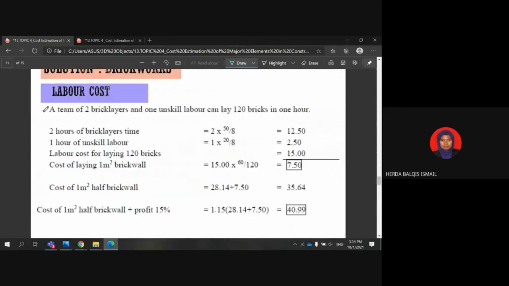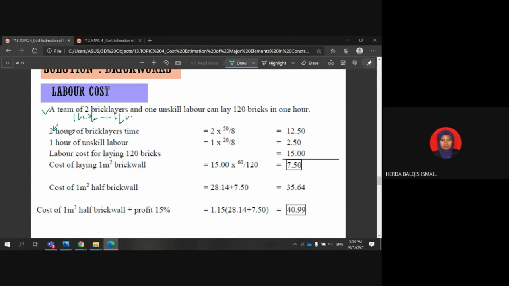This statement represents what I explained just now: a team of 2 bricklayers, 2 skilled labor, and 1 unskilled labor can lay 120 bricks in 1 hour. So calculate 2 hours of bricklayer time. We say this represents two bricklayers, 1 bricklayer, 1 hour.